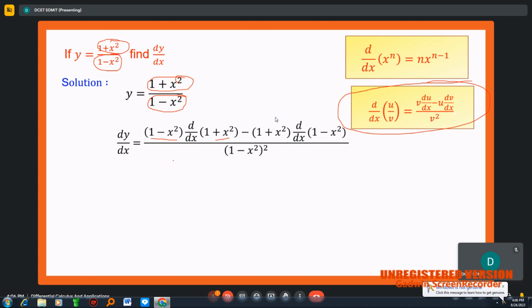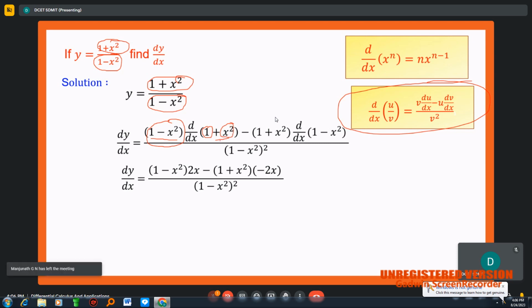Now, 1 minus x square is kept constant. The differentiation of 1 plus x square: 1 is a constant, its differentiation is 0, plus differentiation of x square, which is 2x. Minus 1 plus x square is constant. Differentiation of 1 is 0, minus differentiation of x square, that is 2x, divided by the denominator whole square.